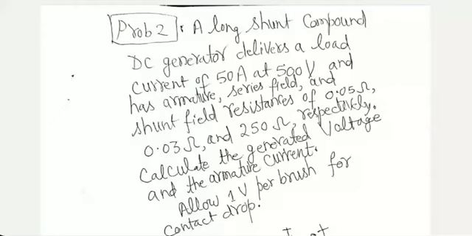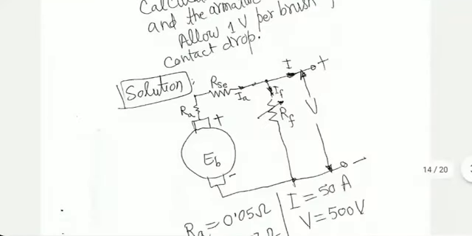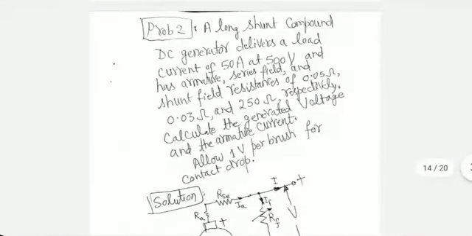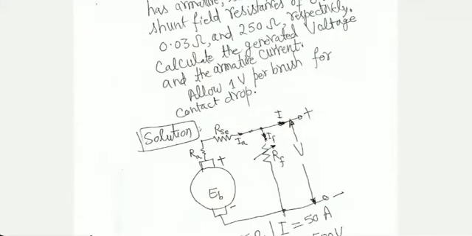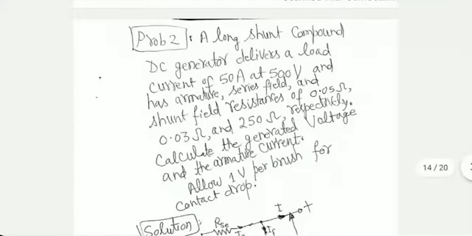Now, long shunt means this connection. What it means is part of the field winding has to be connected in series. If you do that first and then connect the remaining in parallel, that means the series part of the resistance RSC is the first one after RA and the parallel part RF is the second one. If that is the case, it is known as long shunt construction.